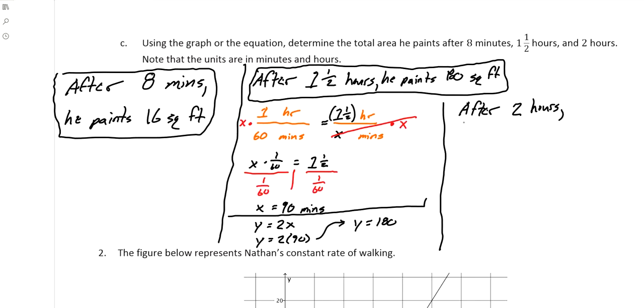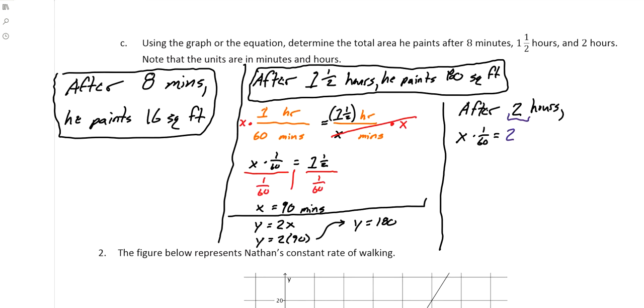Just remember that for this, instead of 1.5, right here, we would have a 2. So x times 1 over 60 would be x equals, instead of 1 1/2 hours, we would put 2 right here.